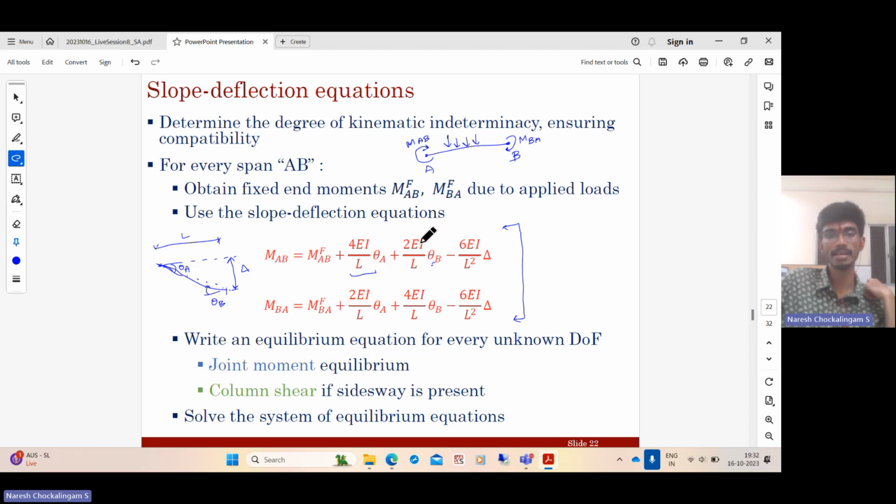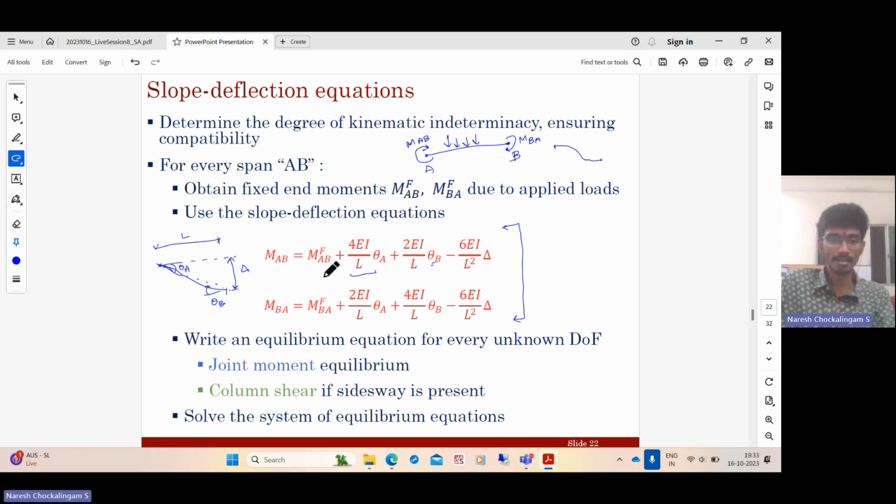That will be 4EI by L theta A. Then you arrest all the ends and rotate the end B by theta B. That will result in a moment of 2EI by L theta B at the point A. And if the end B has just a vertical relative displacement by delta without any end rotation, that would result in a counterclockwise moment at the point A of magnitude 6EI by L square delta.